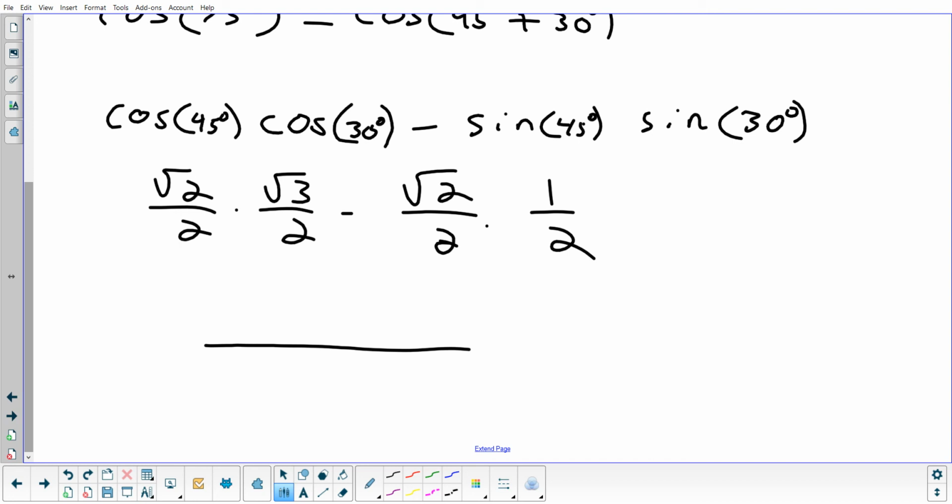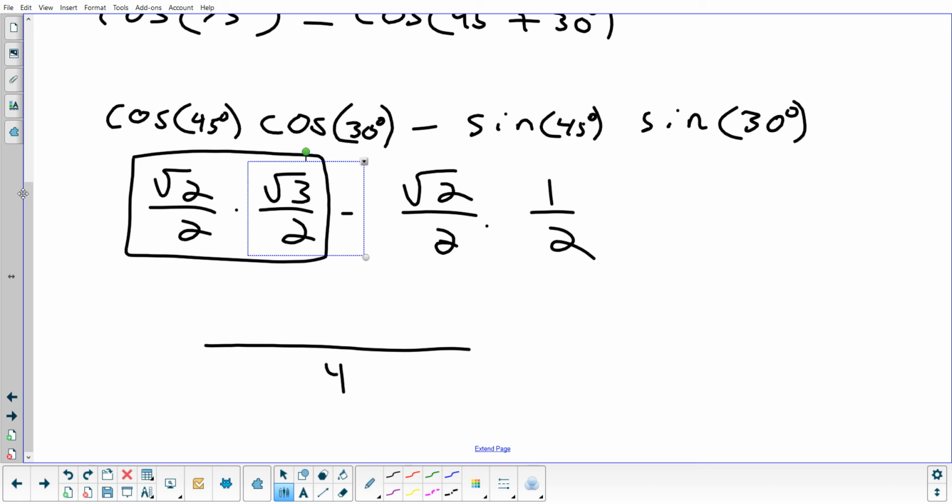No. So when you multiply these together, you wouldn't have a denominator of 2. Four, right? It's going to be just like when we did the sine of 15 or whatever one we did, cosine 15. It's going to be almost the same thing. So denominator of 4. And Tyler, what's the square root of 2 times the square root of 3?